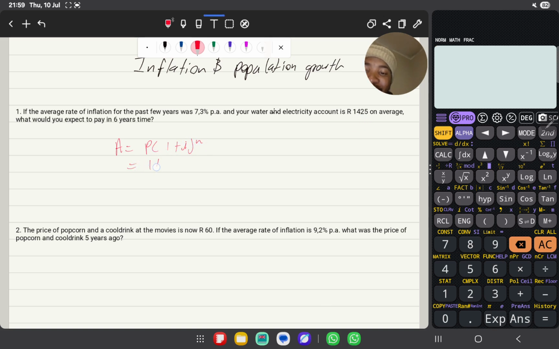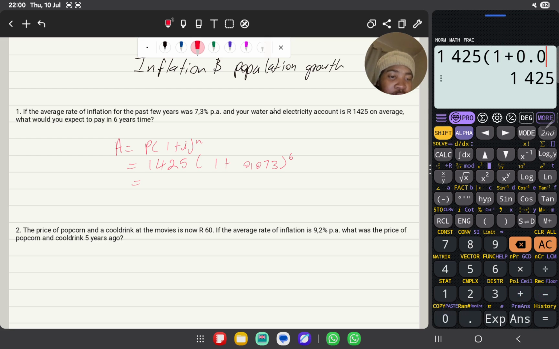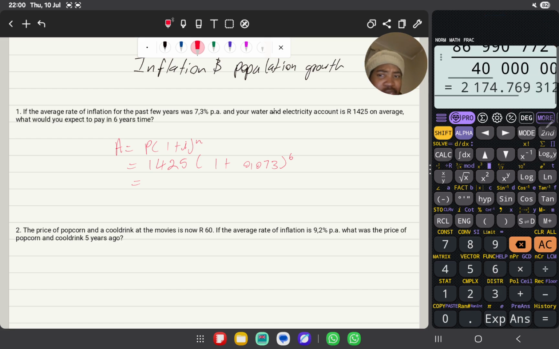You substitute in how much we are paying on average now, and this is going to tell us how much we will be spending 6 years later on average. 1.073 to the power of 6, and we are getting R2,174.77.